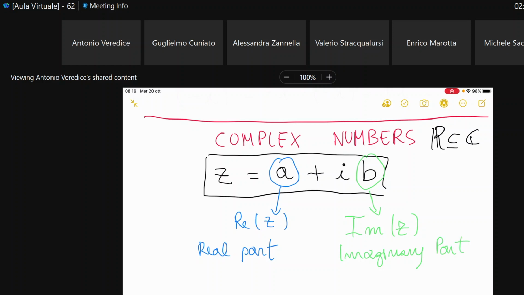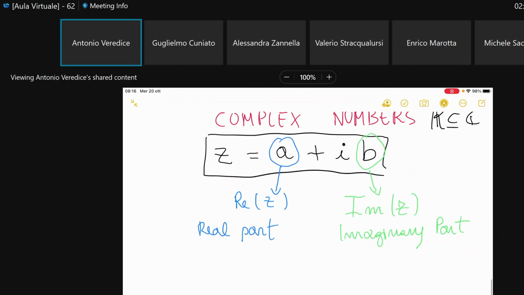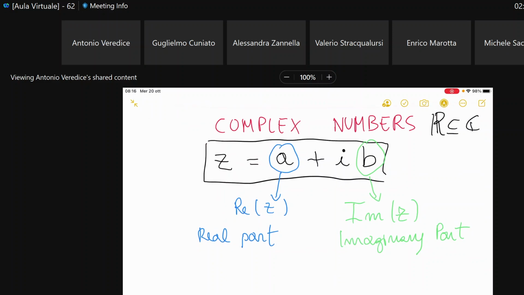Please notice that both the real part and the imaginary part are real numbers. So it's made up of two real numbers, a and b. The first one is on its own, a. The second one is times the imaginary unit. Any questions up to this point?